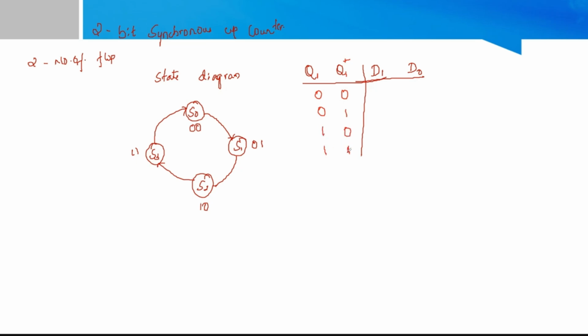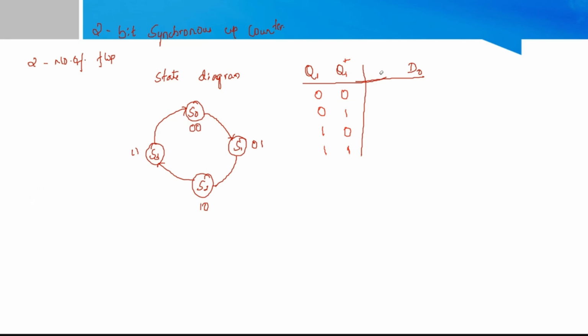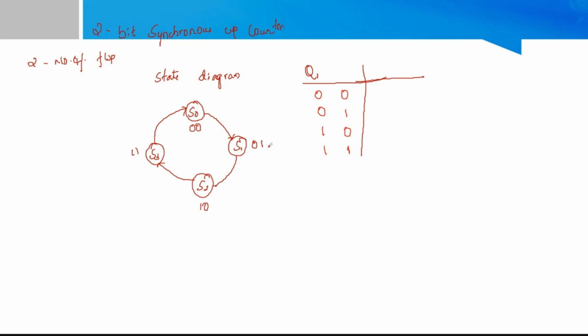These are the present states, right? This will be Q0, and this will be Q1 plus and Q0 plus.